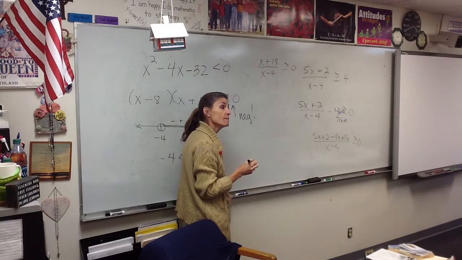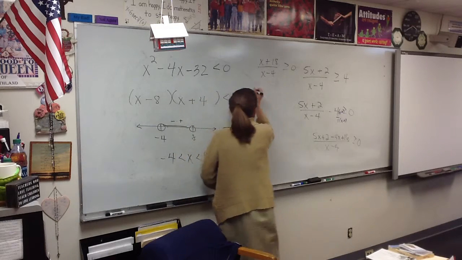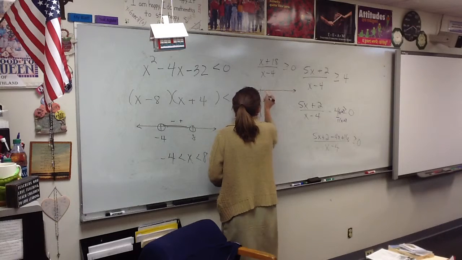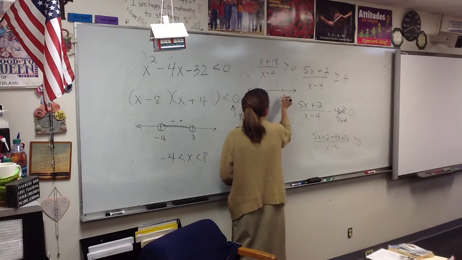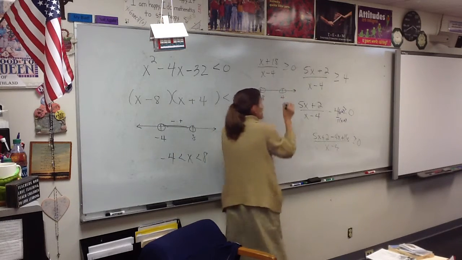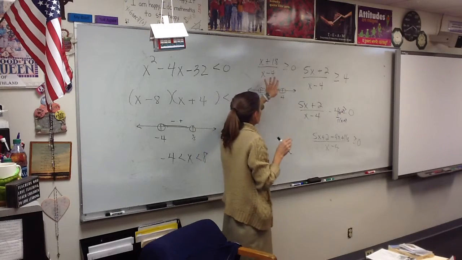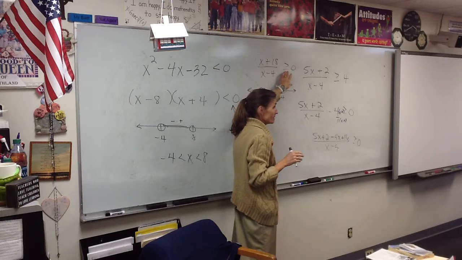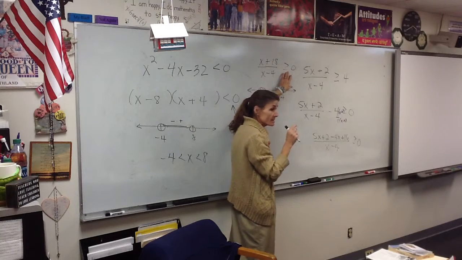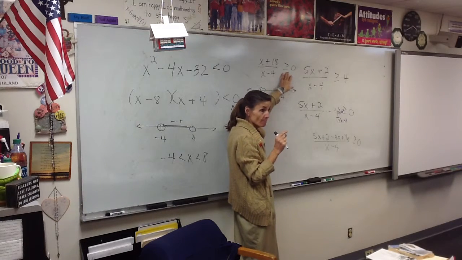So what's next? Number line. Dots are at -18 and 4. Now, this is a really super tricky part. You see this, and you want to color in the dots.